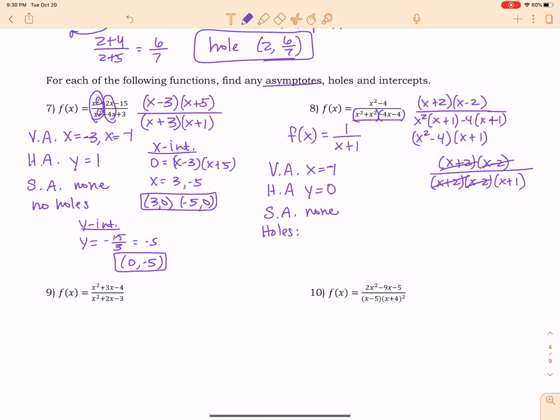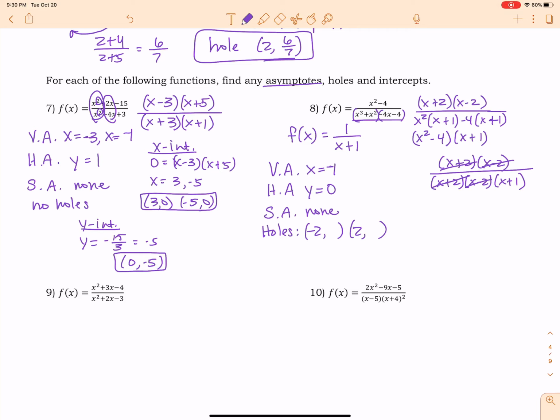but it does mean there are going to be holes in this graph. I know there's a hole at -2 something and +2 something because that is what reduced in my equation. So I've got to use substitution to figure out what those other values are.